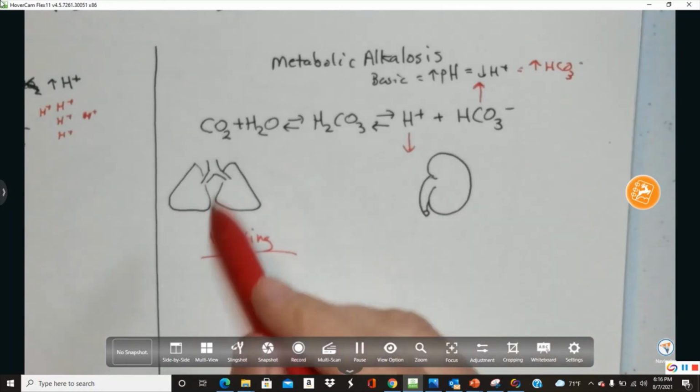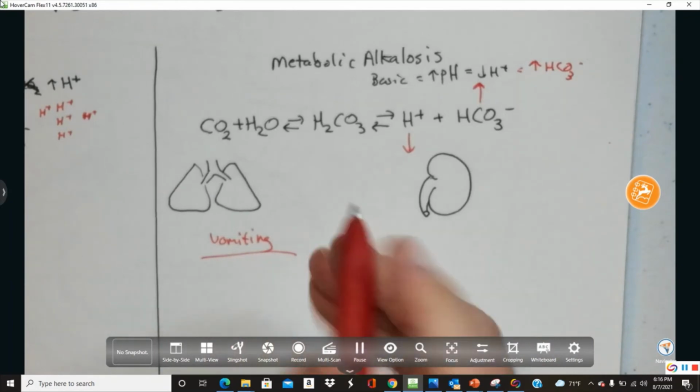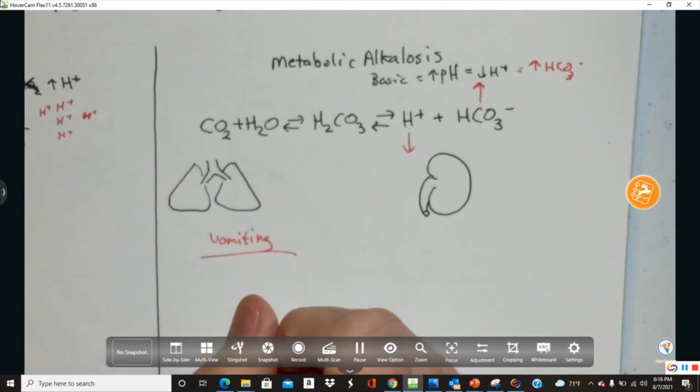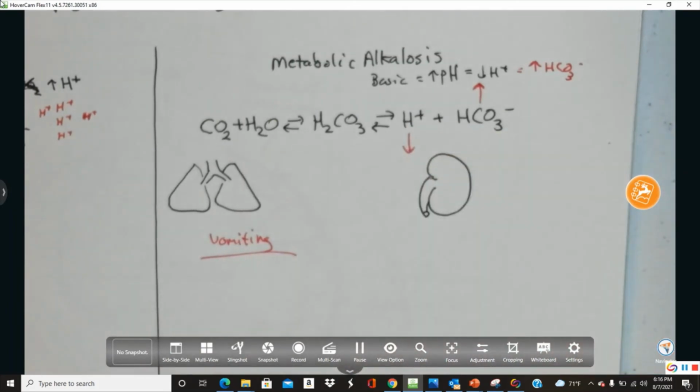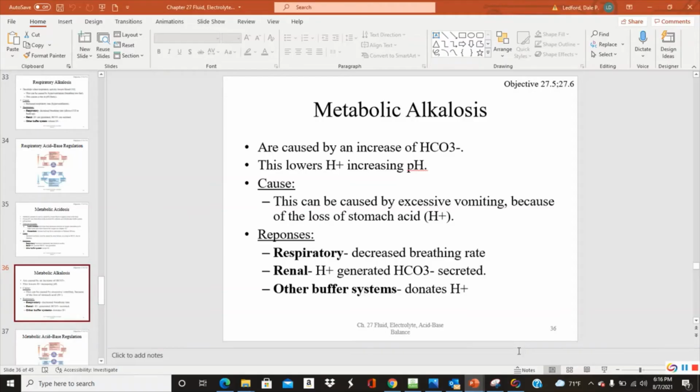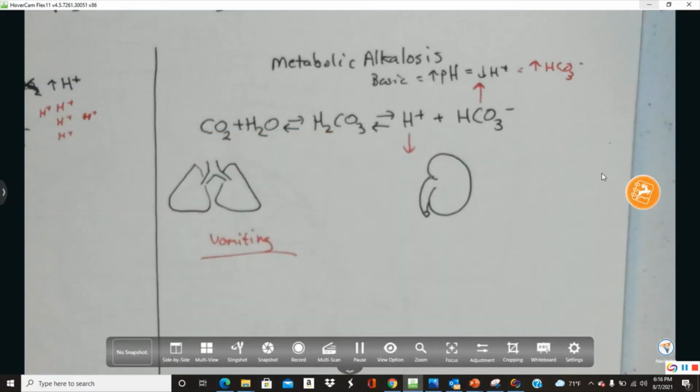If I excessively vomit, that can cause a drop in hydrogen ions and a rise in bicarbonate levels. Excessive vomiting is a really big one: loss of stomach acid.